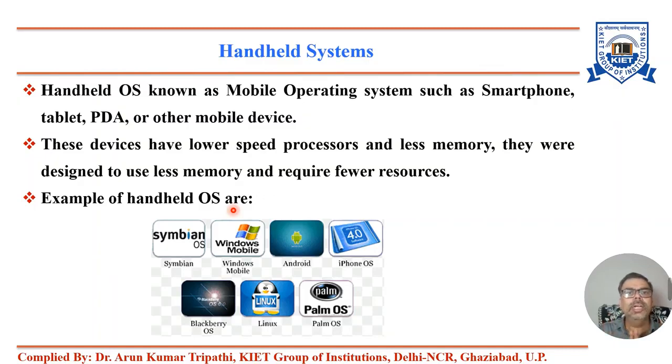All are handheld systems, and these systems are known as mobile operating systems. These devices have lower speed processors and less memory. They were designed to use less memory and acquire fewer resources only.